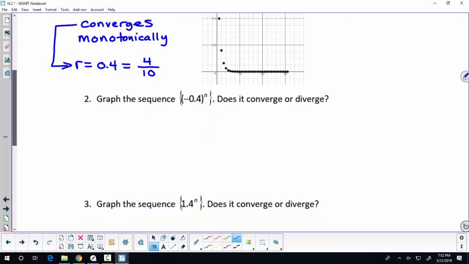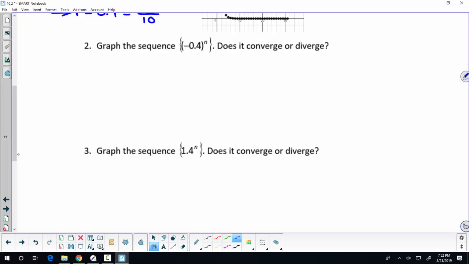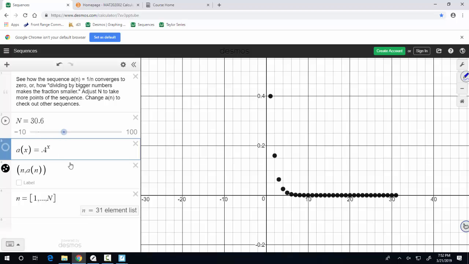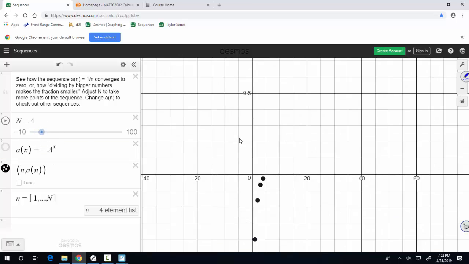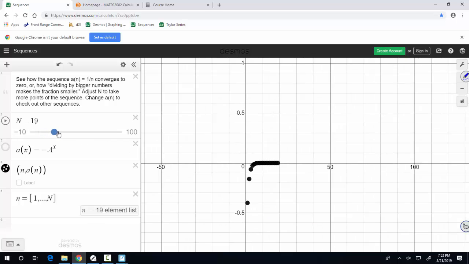There's an example. How about negative 0.4 to the n? What do you think that's going to do? Converge. What will the graph look like? It's going to diverge. Okay, let's see. Okay, this is weird. This makes a difference.